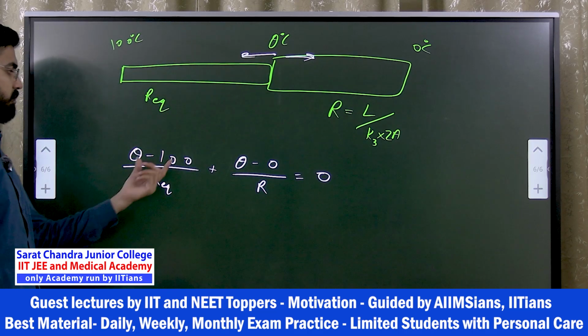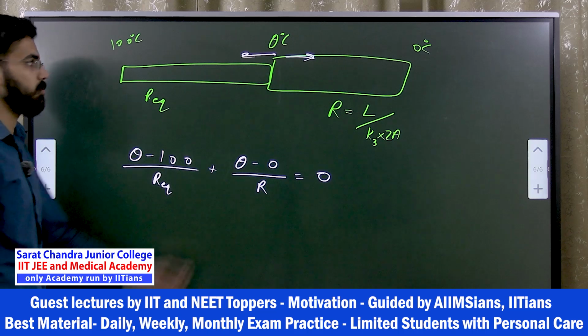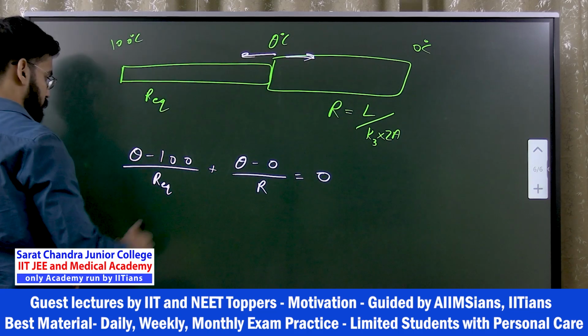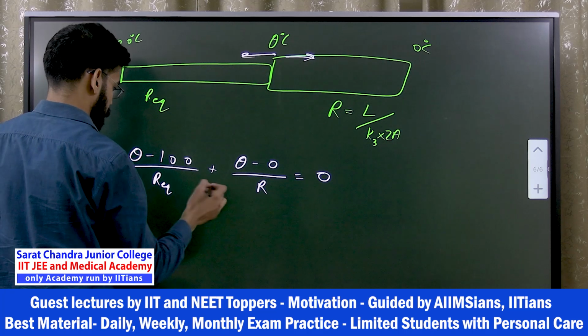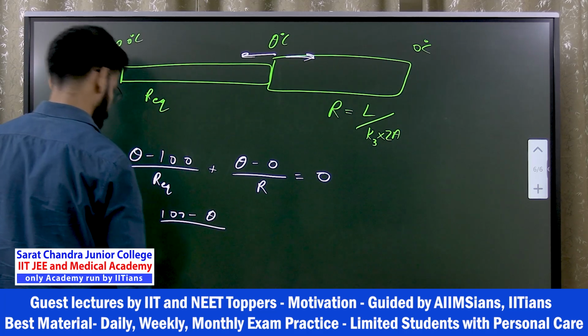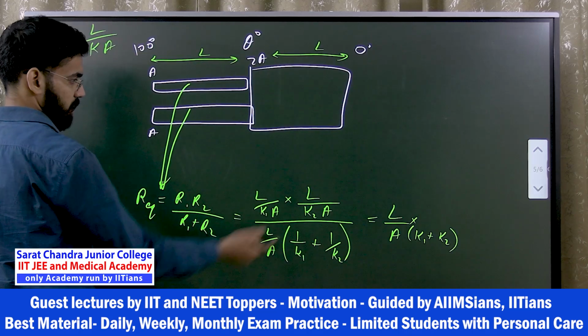Okay, I already know this one is going to come negative and this one positive, but the total will be 0, because heat is radiating from this side. So from here, 100 minus theta divided by R equivalent. R equivalent we calculated on the previous page. What is that?